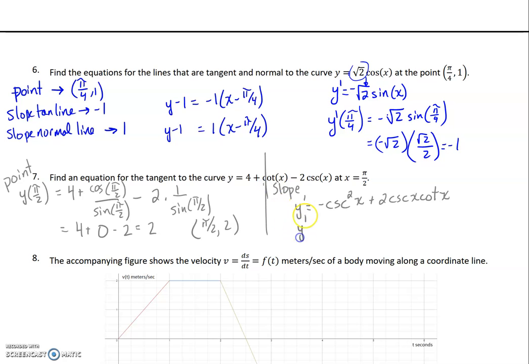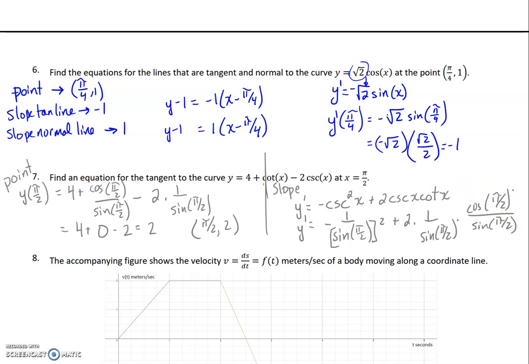Plugging this in is ugly, but not difficult. It's going to be, this is the same as negative 1 over the sine of pi over 2, that's cosecant, squared, plus 2 times 1 over the sine of pi over 2, times the cosine of pi over 2, divided by the sine of pi over 2. Wow! All right, so then here we go.